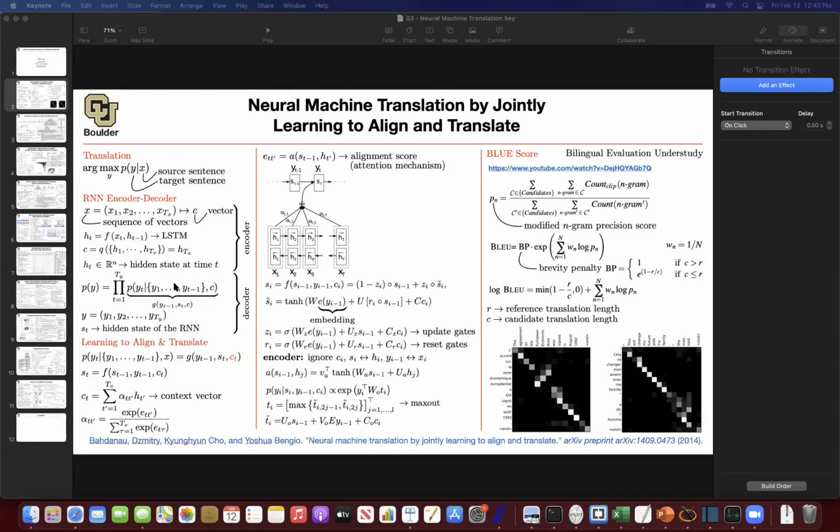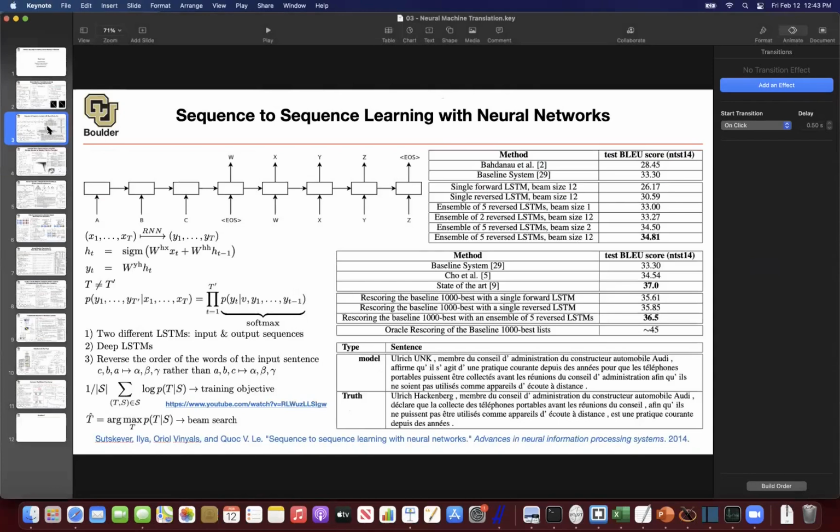But then we said, let's forget about attention for a while and just focus on these sequence models. Focus on the recurrent neural network, the encoder-decoder approach, and try to use them for sequence-to-sequence learning, in particular machine translation.